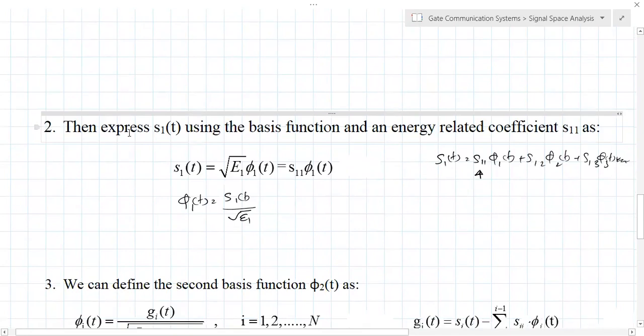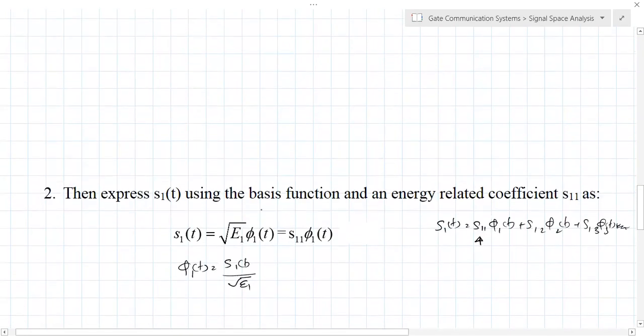So your coefficient S11 is equal to 2. Okay. And other coefficients will be 0.